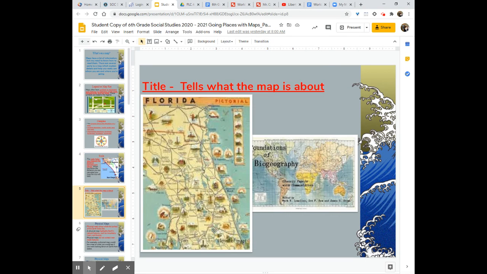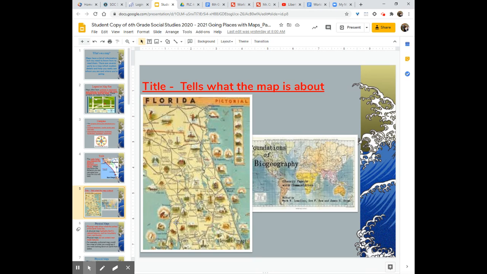Very important. And something that seems rather obvious, but is also critically important, is the title. The title of the map tells you what kind of map it is and what the map is about. For example, we can see here that it's pretty obvious that the title of the map is Florida and that it's a pictorial map. But if we didn't know that it was Florida by the title, we may not be able to tell just by looking.